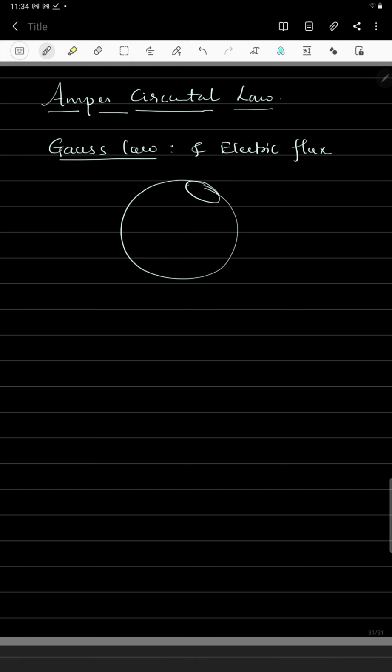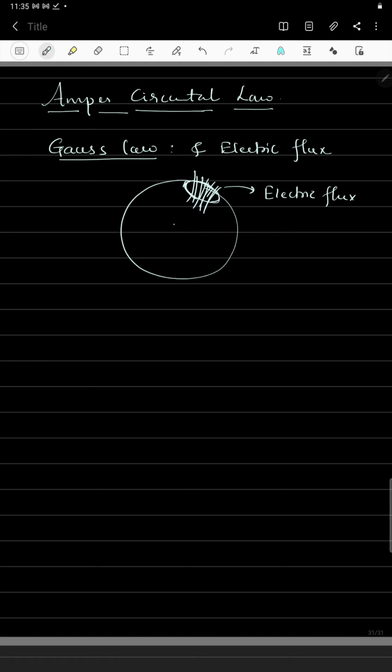I will consider a small surface of this circular loop, and the number of electric field lines passing through this surface is called the electric flux.